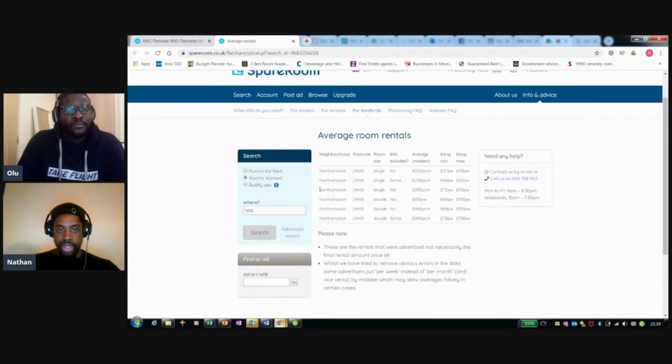What you can see here is that for a single room, bills included, in Northampton, the average room rental is £395 per month. And for a double it is £105 per week. So that is also really useful, so you can understand what the rental prices are likely to be.